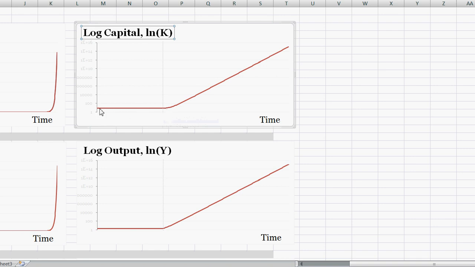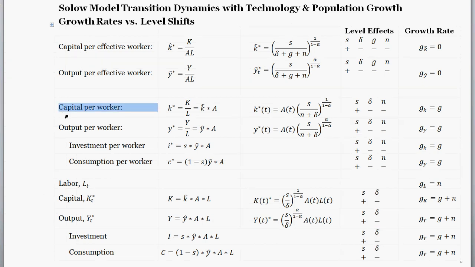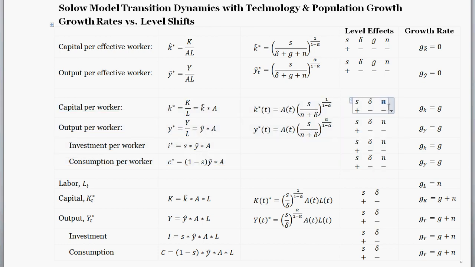We see that before, total aggregate capital was constant, and then we increase population and it shifts up. Similarly down here for output. For these variables, like capital per worker, output per worker, investment per worker, consumption per worker, we see that an increase in the population growth doesn't change the growth rate of those variables, right, because they're per worker, but it does have a level effect on them.